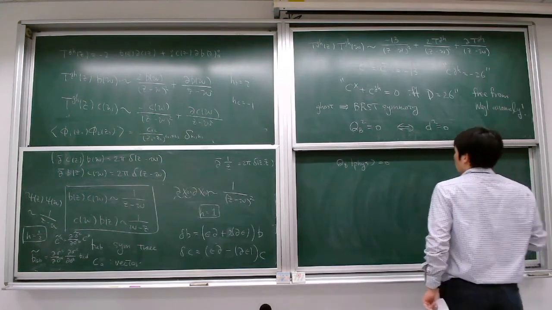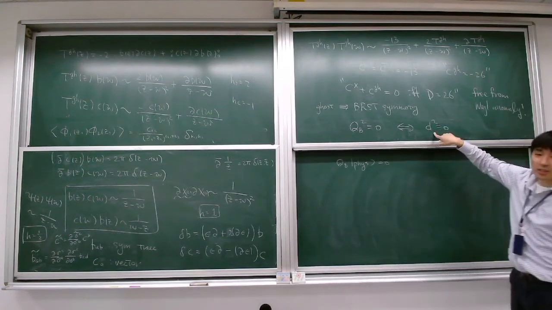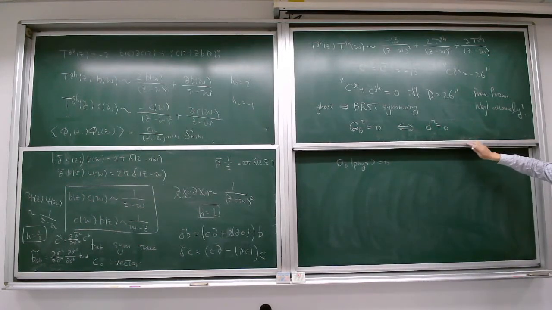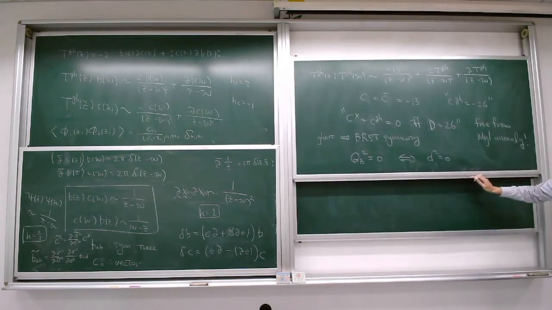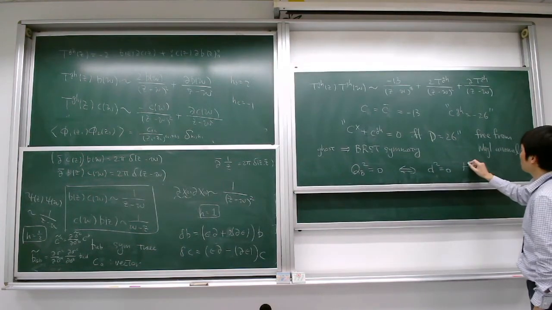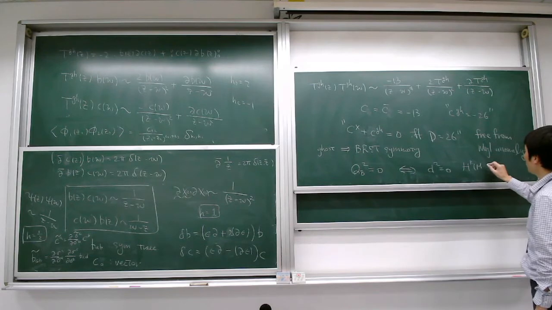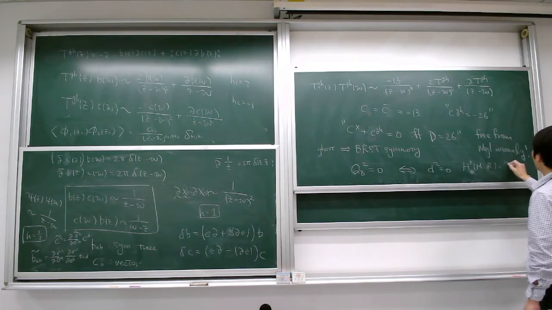So on the other hand, when you learn de Rham cohomology, you have the de Rham cohomology defined by a manifold M of R. De Rham cohomology is Z^k divided by B^k.